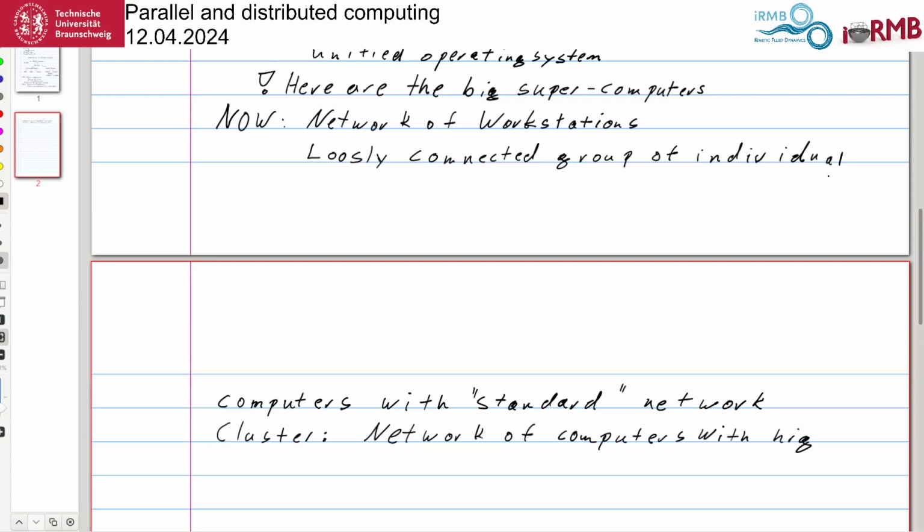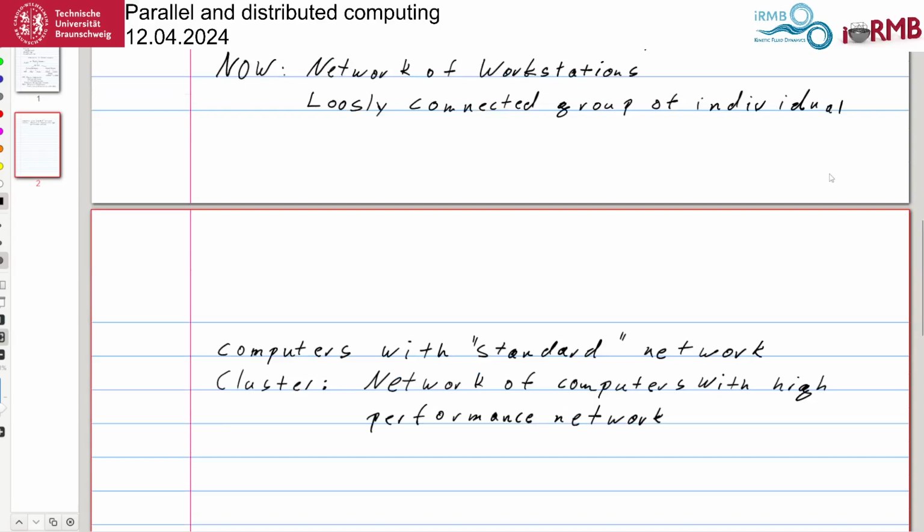It's still more or less off the shelf, and they still have separate instances of the operating system. So it's a little bit in between.